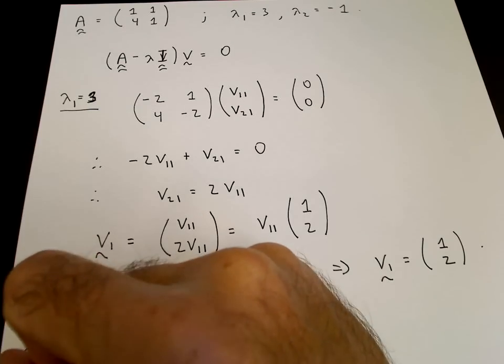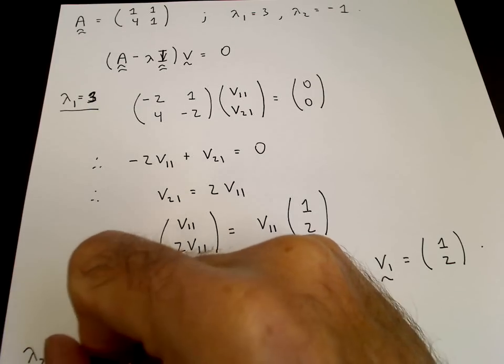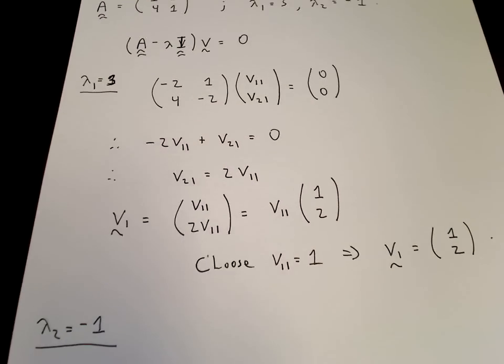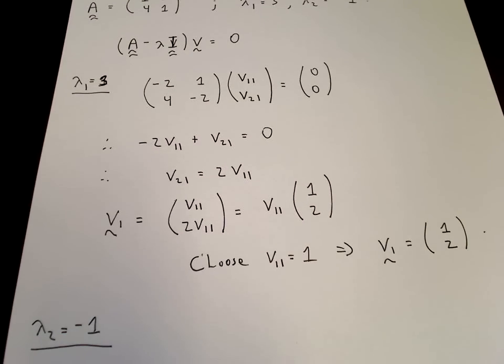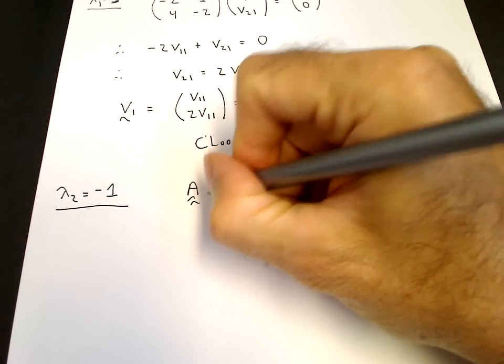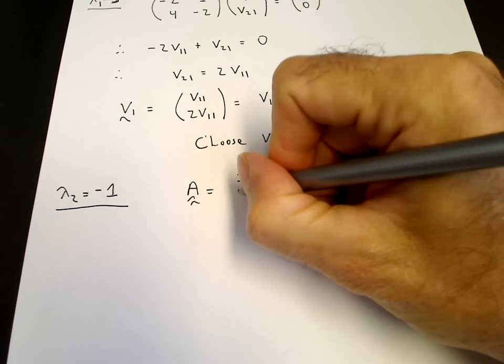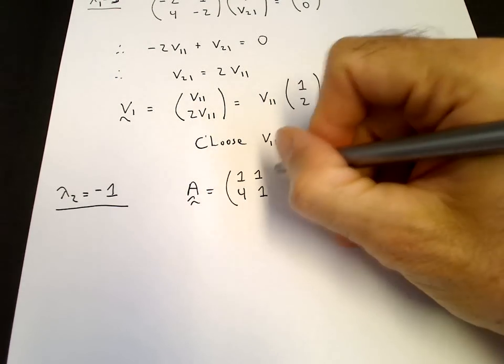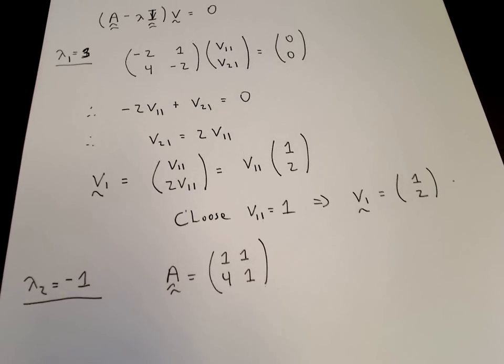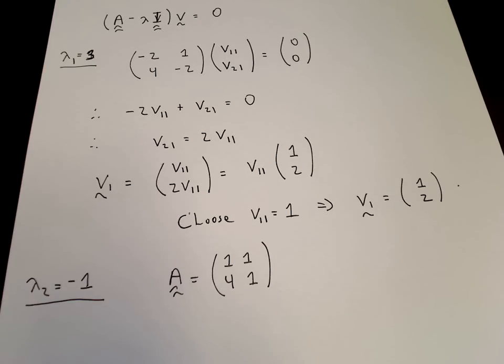So the second eigenvalue is lambda 2 equal to minus 1, right? A is [1, 1; 4, 1]. So we have the eigenvector equation, A minus lambda I times v equals 0, with lambda 2 equal to minus 1.